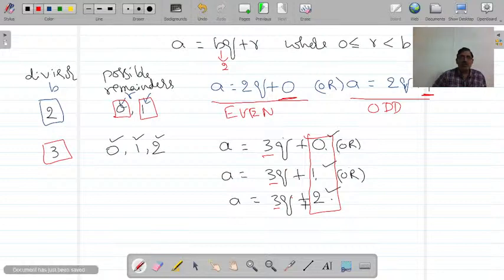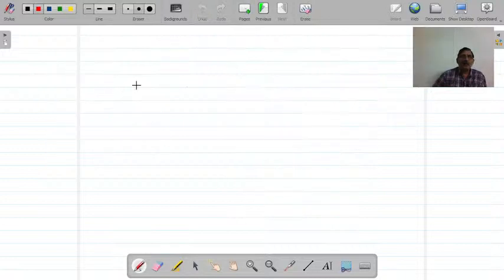Now, this is actually the division algorithm. By using this division algorithm, we are going for the Euclidean algorithm. We use the Euclidean algorithm for finding HCF. HCF means highest common factor.